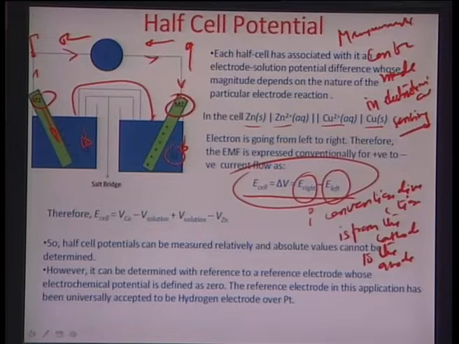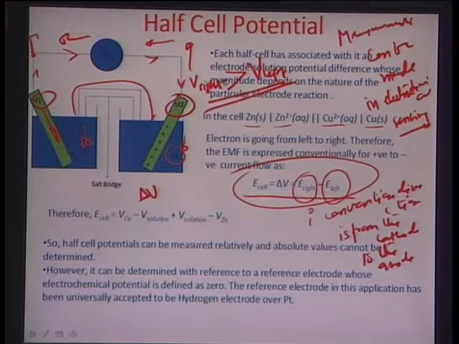So, if the current is going in this direction, we can safely assume that the potential V right is higher than the potential in the left side, and the delta V which is responsible for movement of these electrons is essentially V right minus V left, as you can see here.